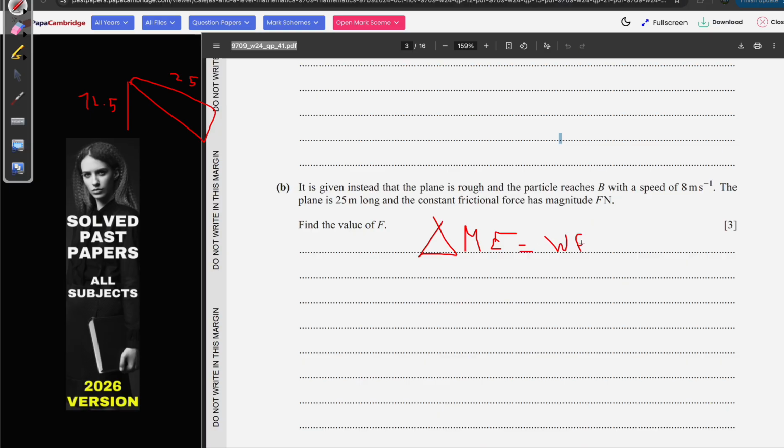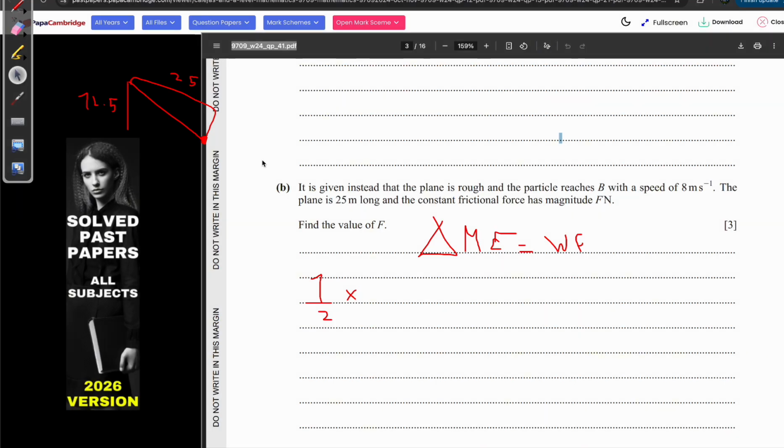Now look, the change in mechanical energy, as we said, it ends at point B, where it's half times m times v squared. What we're doing here is final mechanical energy minus initial mechanical energy, right?